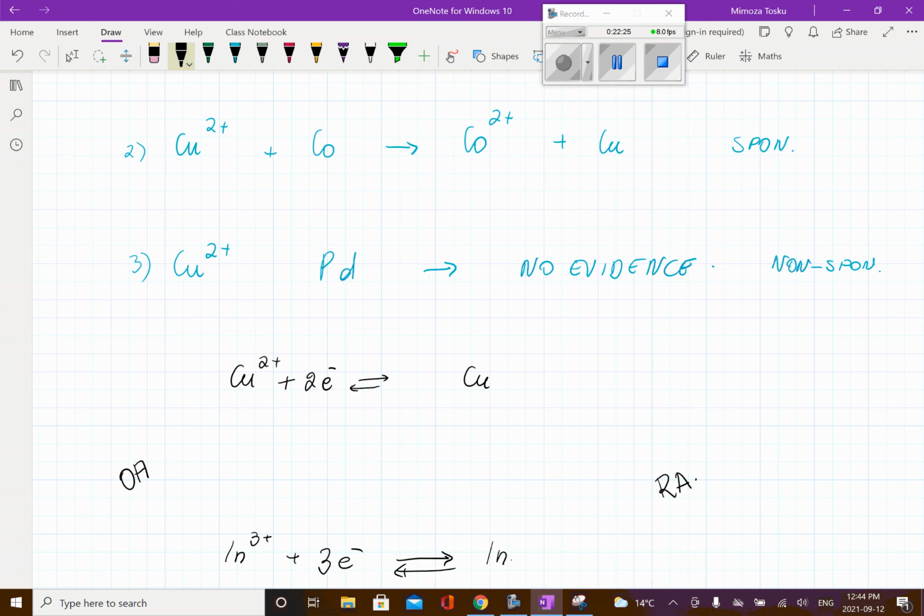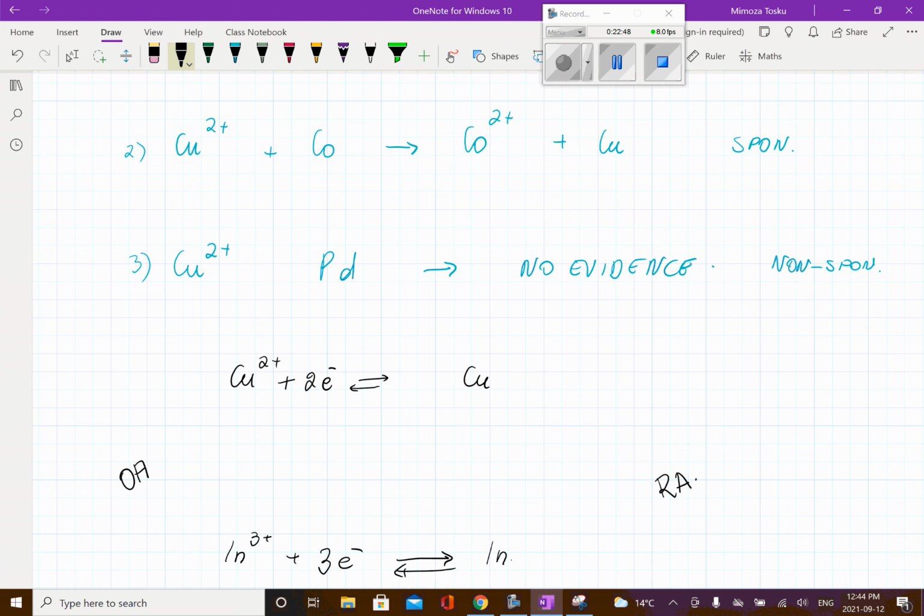So the first one is dealt with, because we have copper 2 plus above and iron below, so it's spontaneous, telling us that we have a reaction happening. Great.